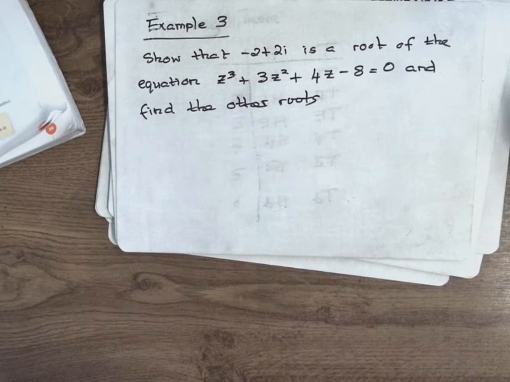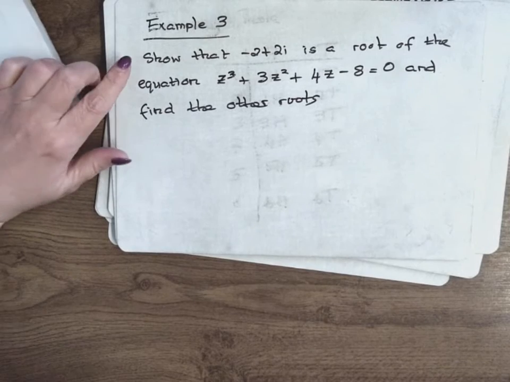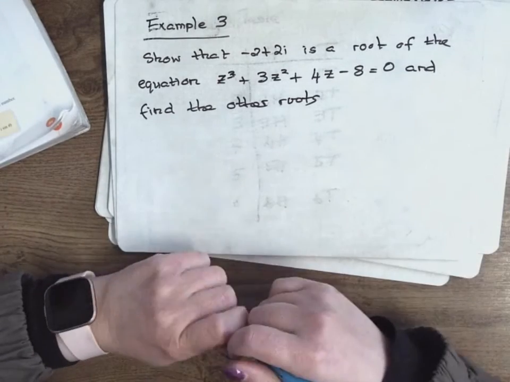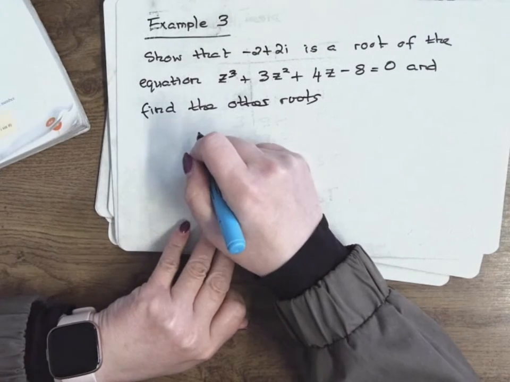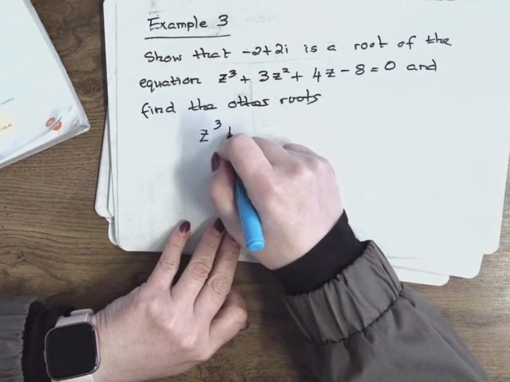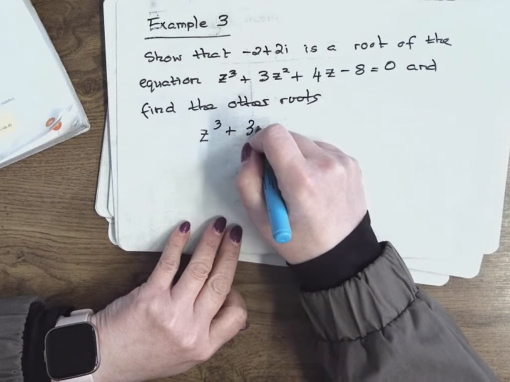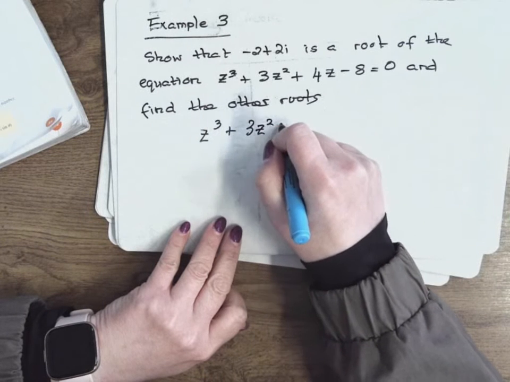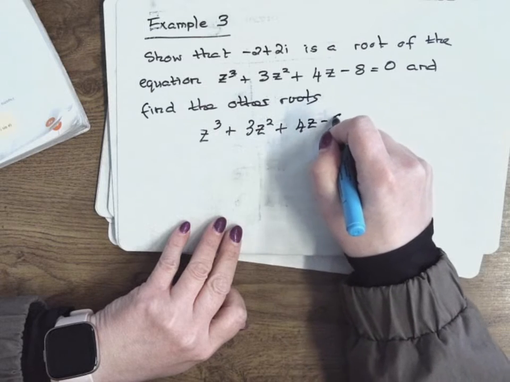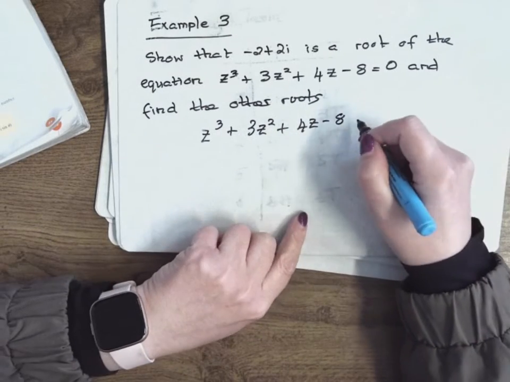Ready? Okay, so show that minus 2 plus 2i is a root of the equation. How do I do that? Everywhere I see z, what will I put in? Minus 2 plus 2i, isn't it? So here's the equation, z cubed plus 3z squared plus 4z minus 8 equals 0.